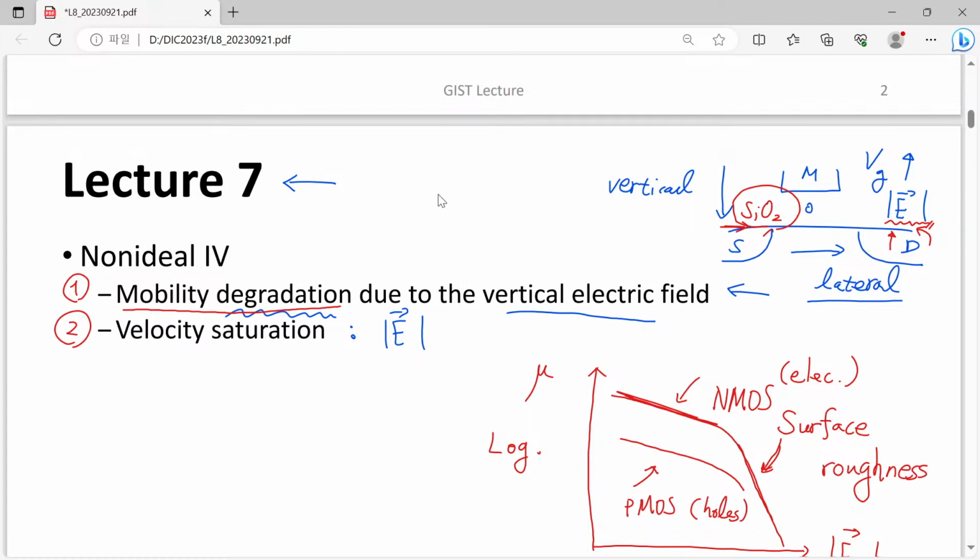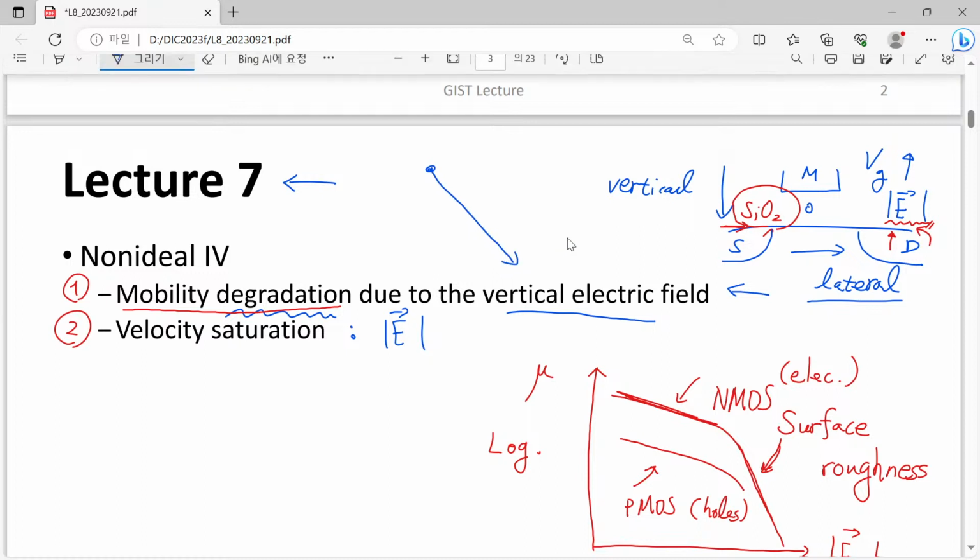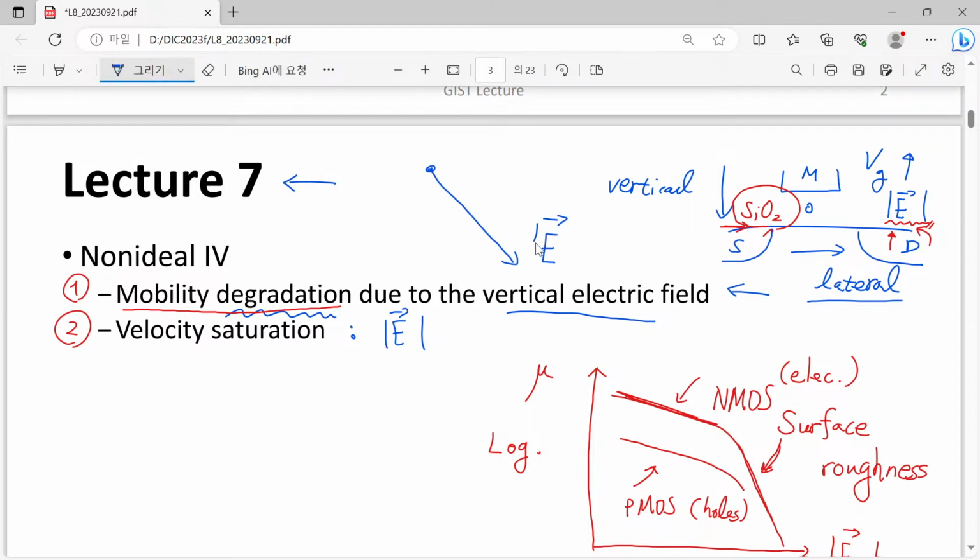So simply speaking, when we think about this MOS structure once again, now we have this kind of vector. Let's say if we have this kind of vector, then what happens in this case? This part can be attributed to the vertical component, and this part can be attributed to the lateral electric field.